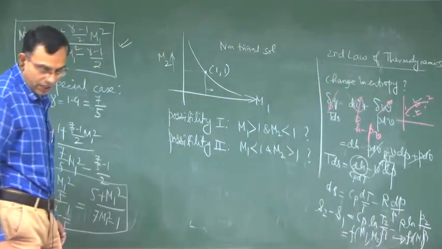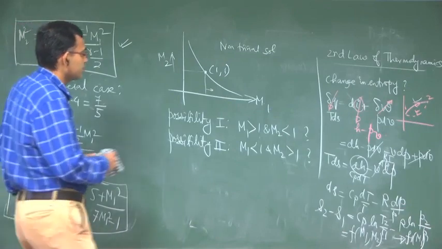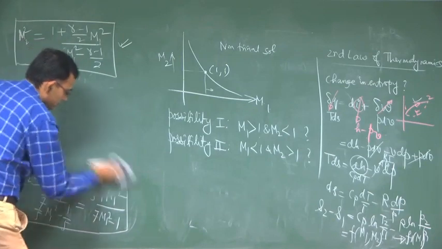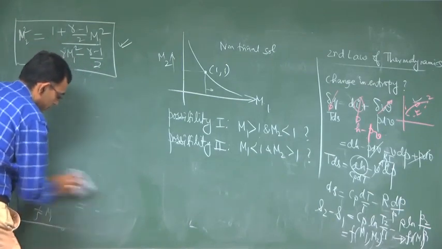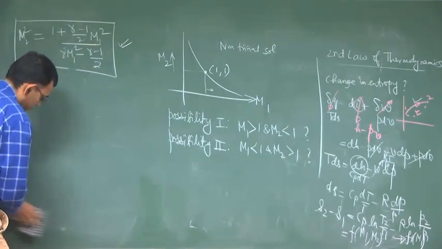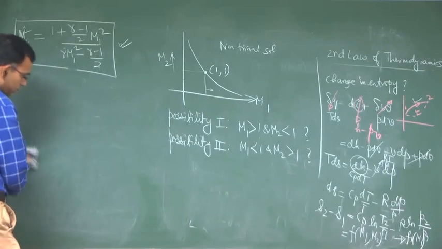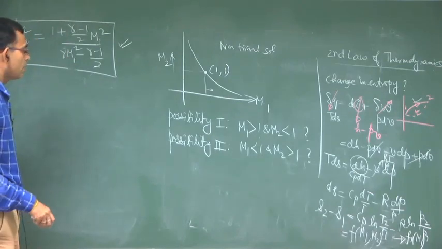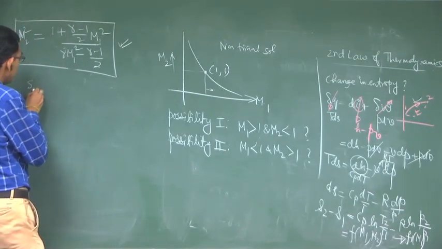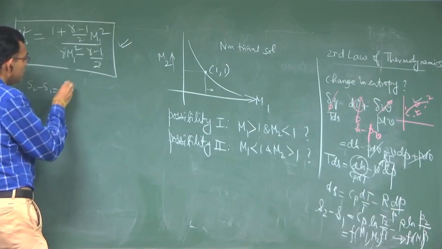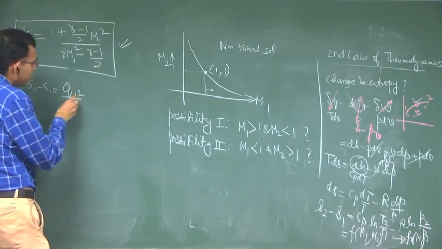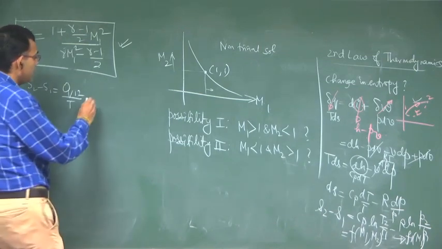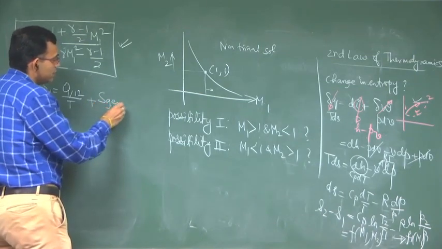So, now the second law of thermodynamics tells us that S2 minus S1 is equal to the heat transfer divided by the temperature of the surface across which the heat transfer is taking place, plus entropy generation.